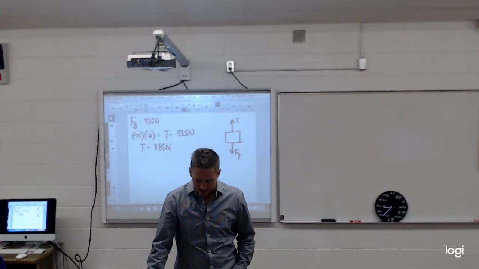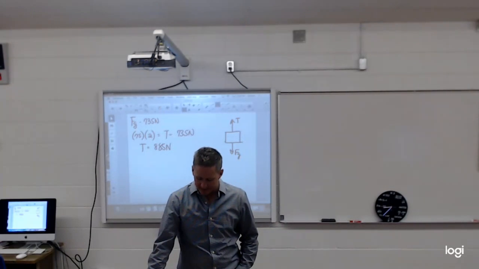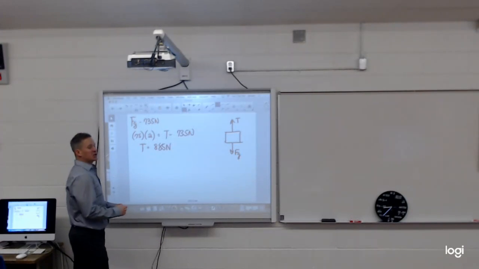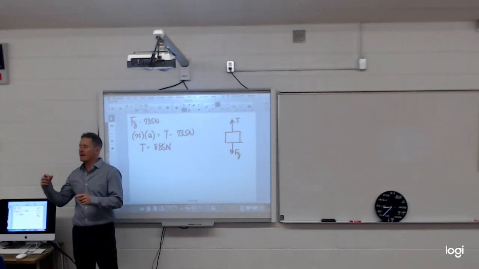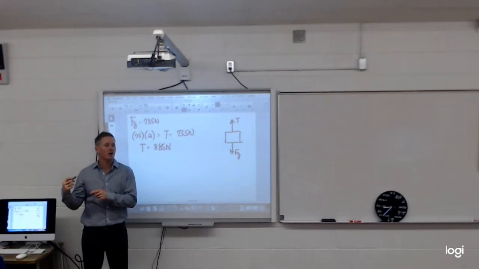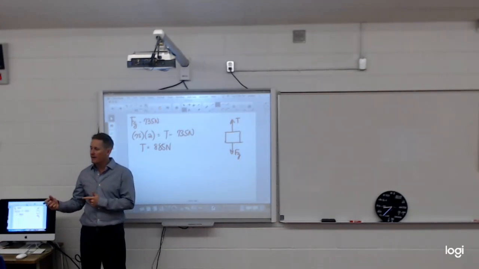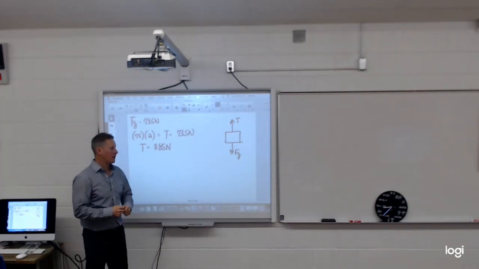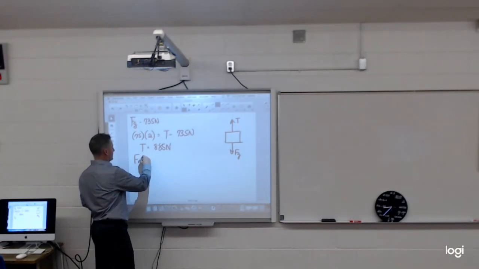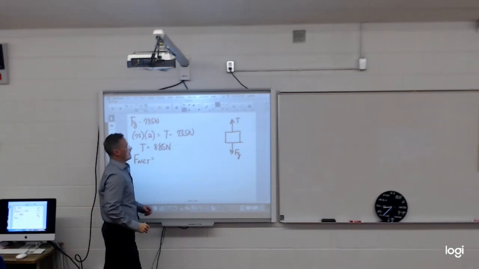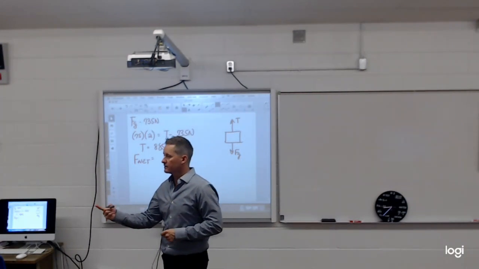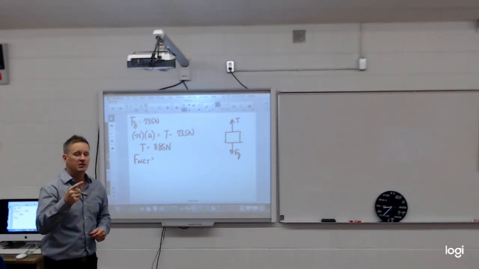Okay, what about C? The elevator is now moving downward with a uniform acceleration of 2 meters per second squared. Rather than making the acceleration positive or negative, I'm just going to rewrite my net force equation out. So in this case, which is greater, the force of gravity or the tension? Force of gravity, because it's going down.